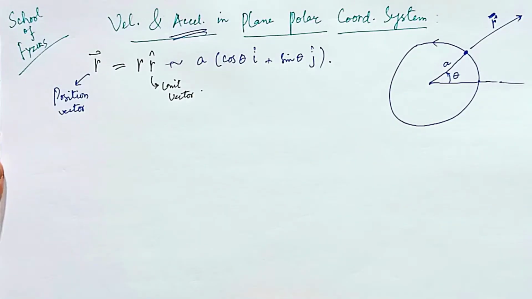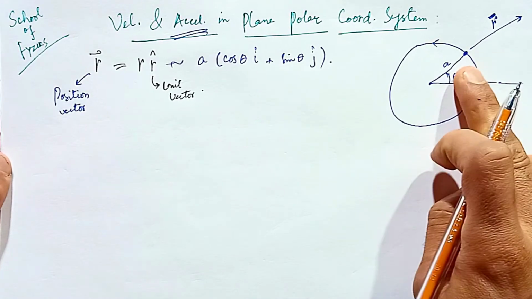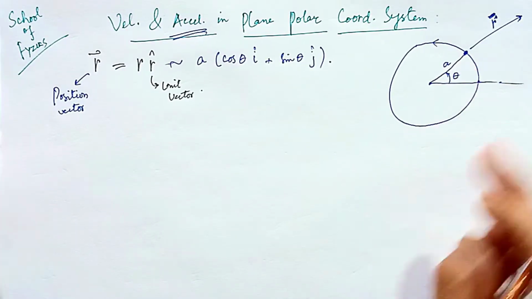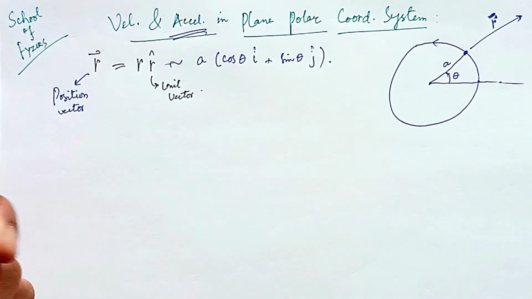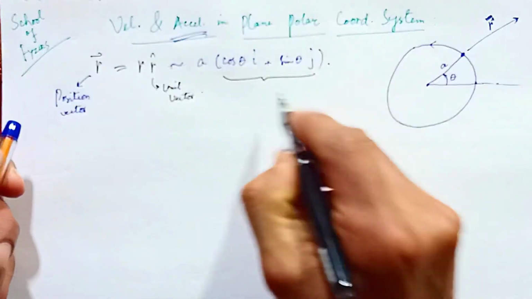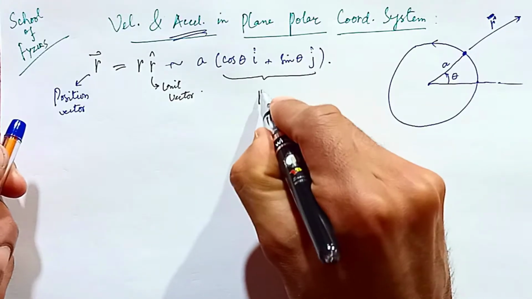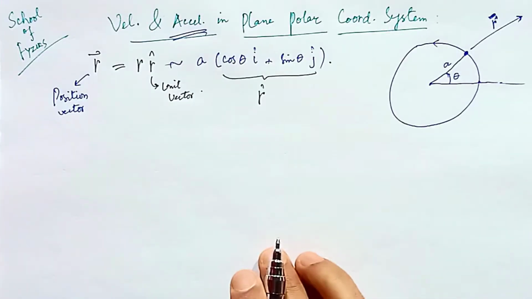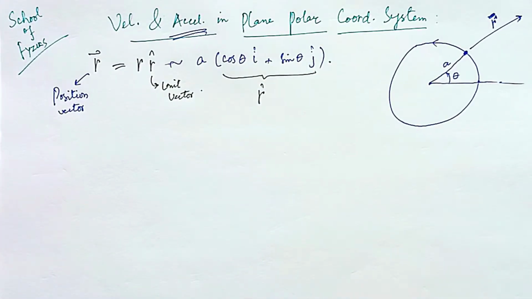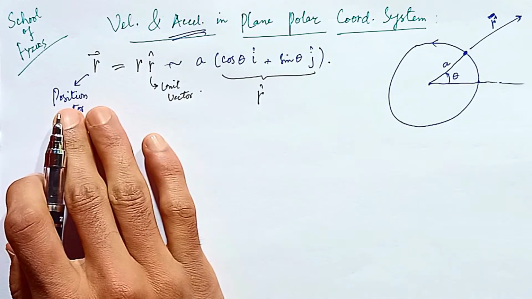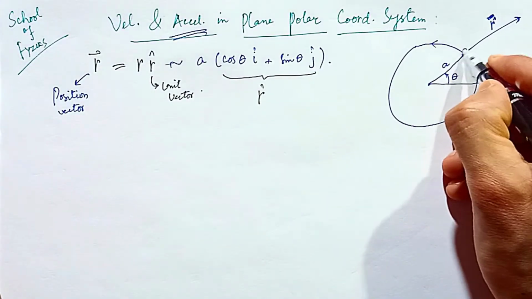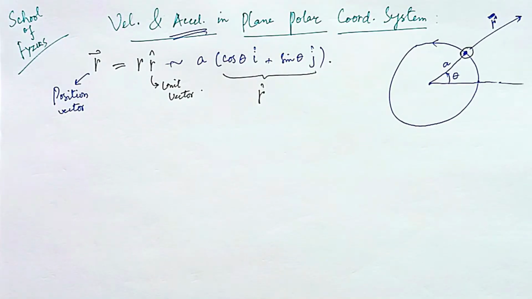This was the position vector of this very particle at any instant of time. Okay, so from that we can say that this is represented by r, and this gives the unit vector r hat.